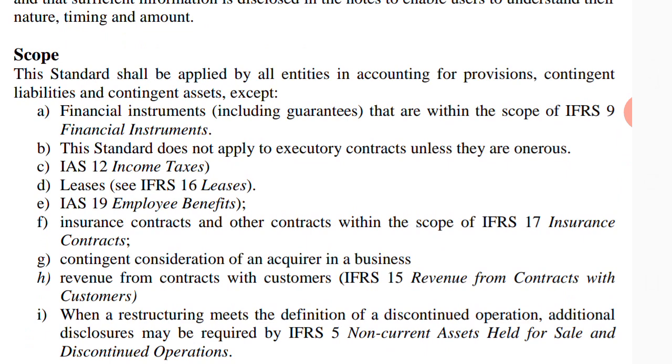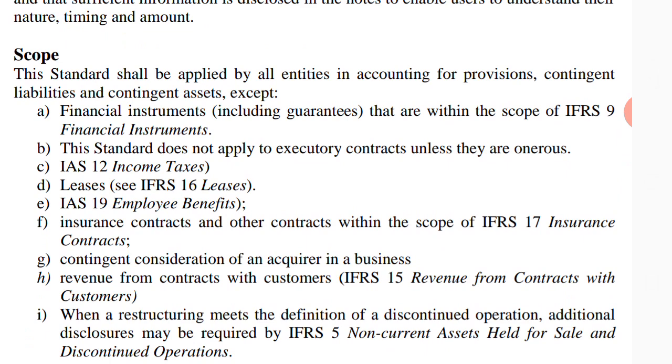For one, financial instruments. The way we provide for provisions that relate to financial instruments, be it shares and the rest, you use IFRS 9. IFRS 9 talks about how you can recognize any provisions for any instrument.